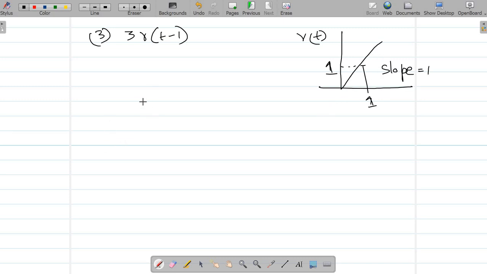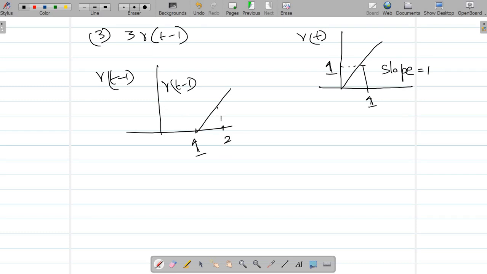Now let me derive r of t minus 1. It will shift this signal in the forward direction by 1, so this will be r of t minus 1. And let us say at 2 the value will be 1.